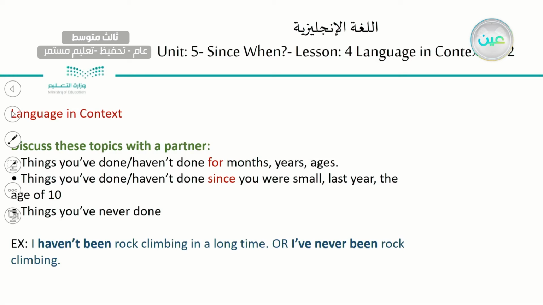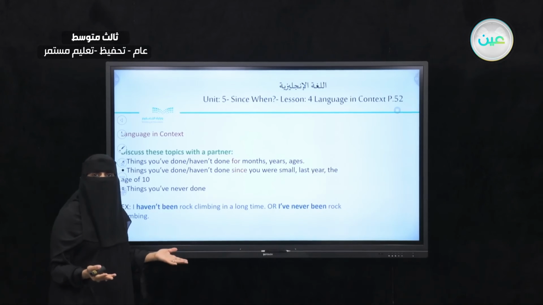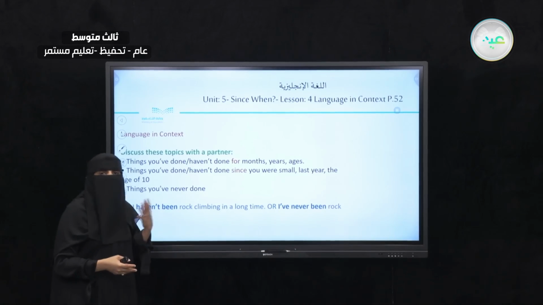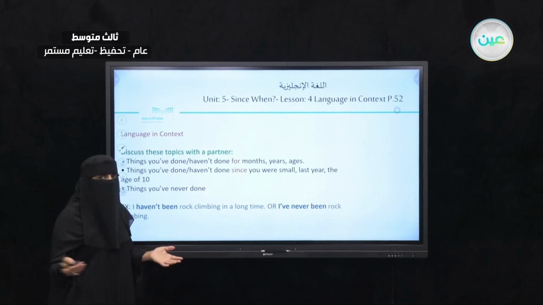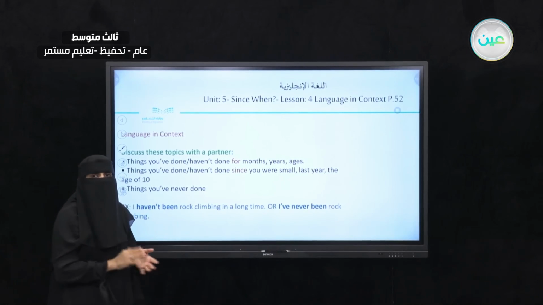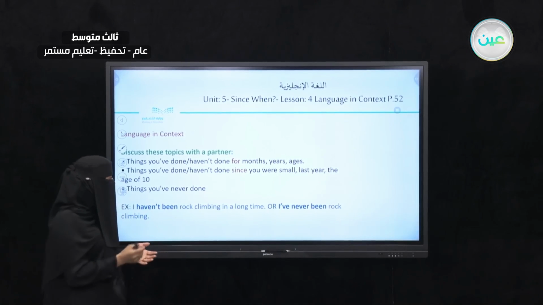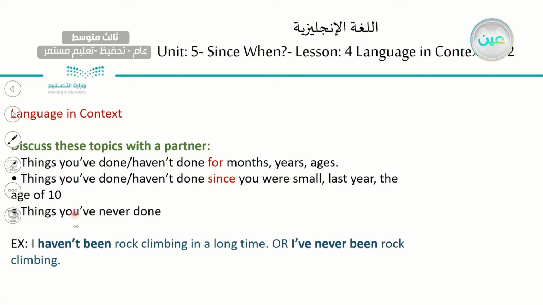You can pause the video now and think about things you have done, things that you haven't done before, for years, since you were a child, since you were 10, you were 7, and things you have never done before, okay? This is a speaking exercise, so you have to have a conversation with your partner.